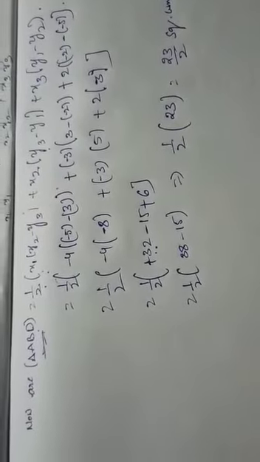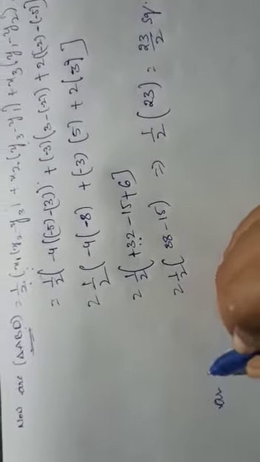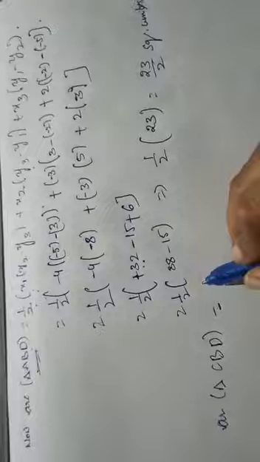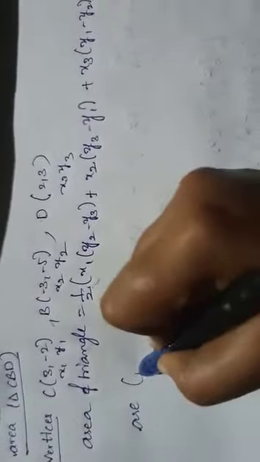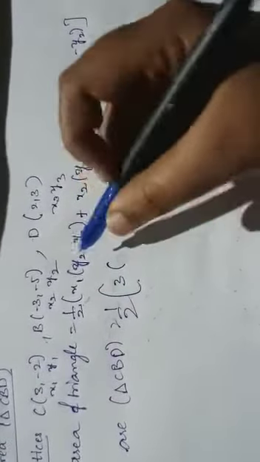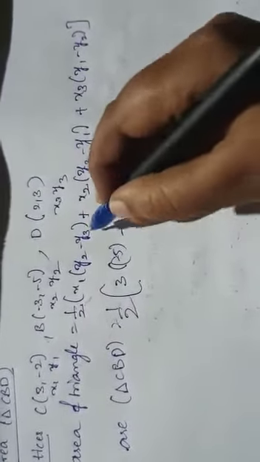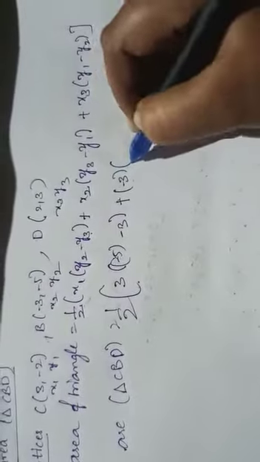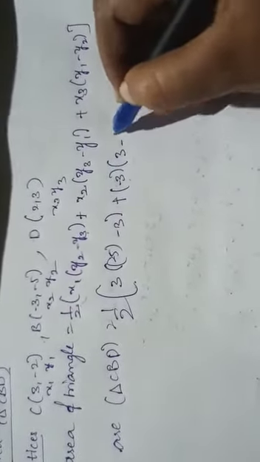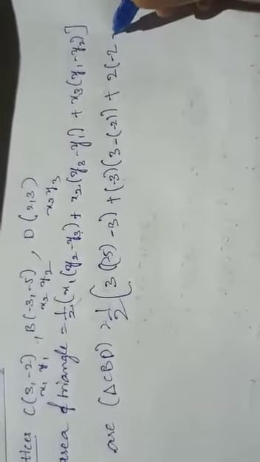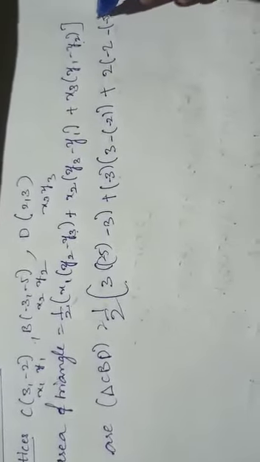Next, area of the triangle CBD equal to 1/2 into x1 is 3 into (y2 is -5 minus y3 is 3) plus x2 is -3 into (y3 is 3 minus y1 is -2) plus x3 is 2 into (y1 is -2 minus y2 is -5).